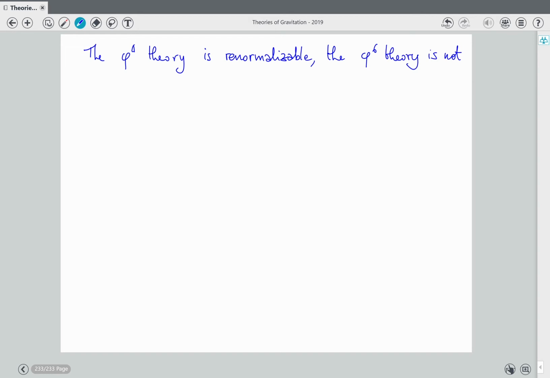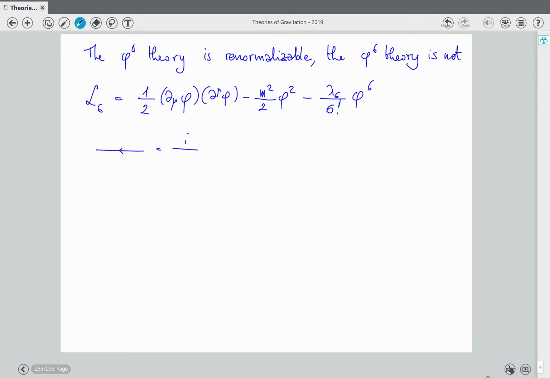For example, why is the phi to the sixth theory renormalizable? Let's consider its Lagrangian. Well, here you have Feynman rules, which are similar to the ones we had before.